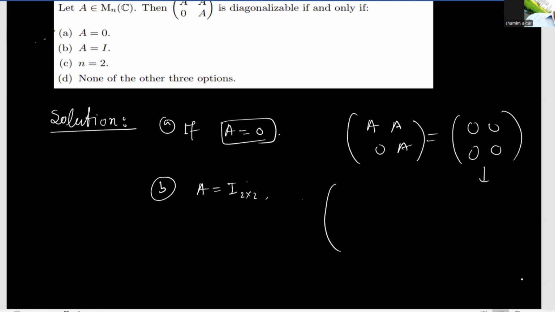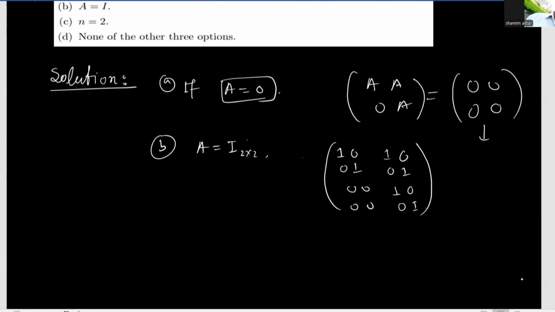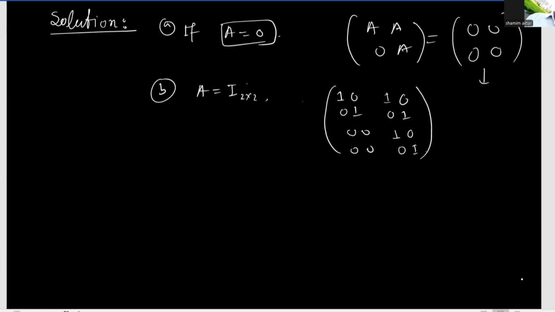So this matrix is given by the 4 cross 4 identity matrix. The eigenvalues of this matrix are 1, 1, 1 and 1. That is a rectangular matrix, so the diagonal elements are eigenvalues. So the algebraic multiplicity of eigenvalue 1 is equal to 4.